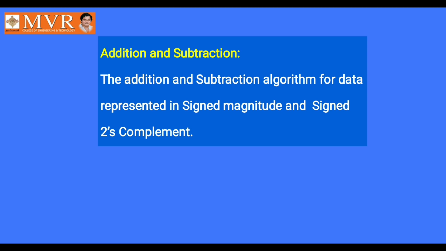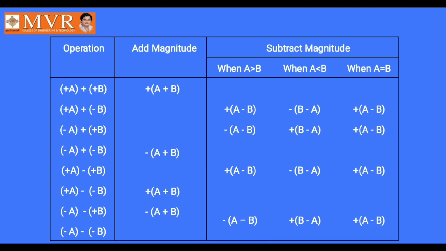For example, you are going to do addition between plus A and minus B. Then if A is greater than B, the result will be a positive value, or if A is less than B, the result will be in negative form. That's why, even before and after performing the operation, you compulsorily have to represent the sign bit. And for representing it, as you know very well, we are going to use the complement method.